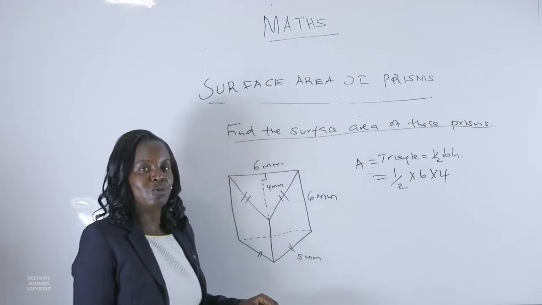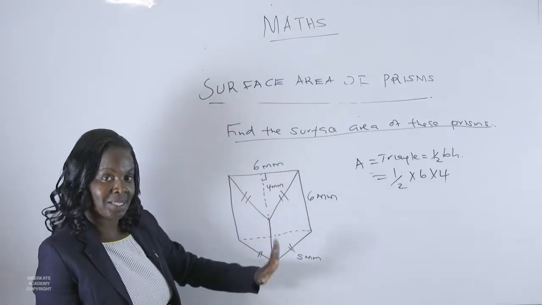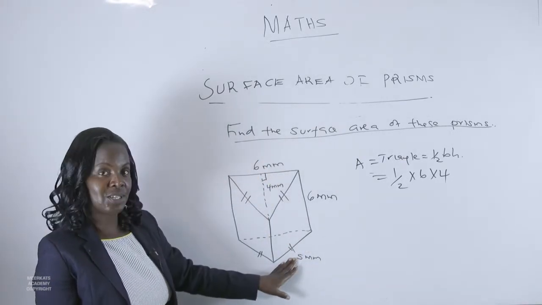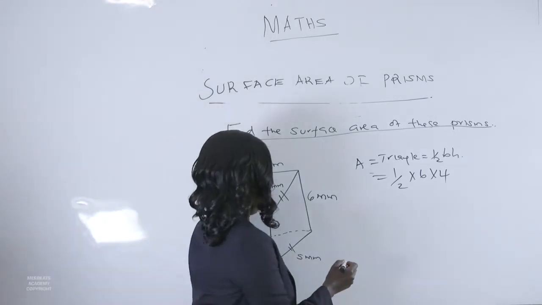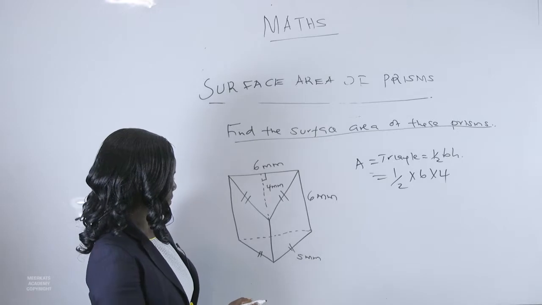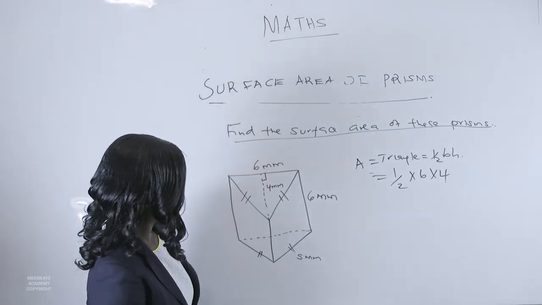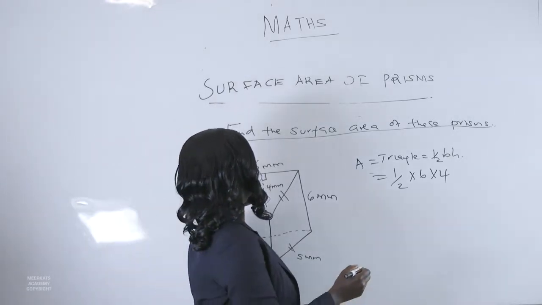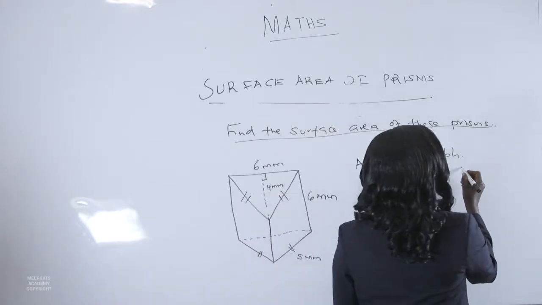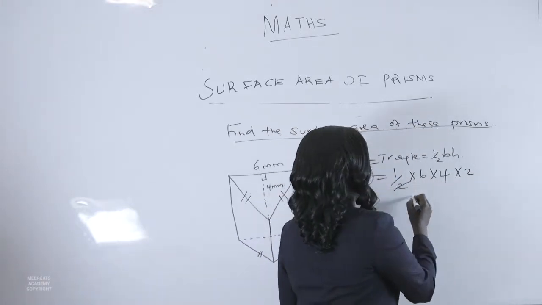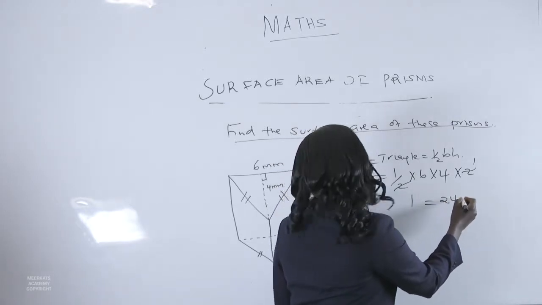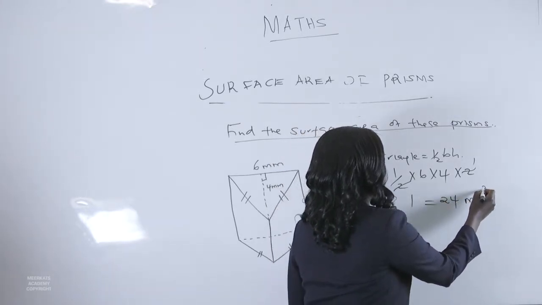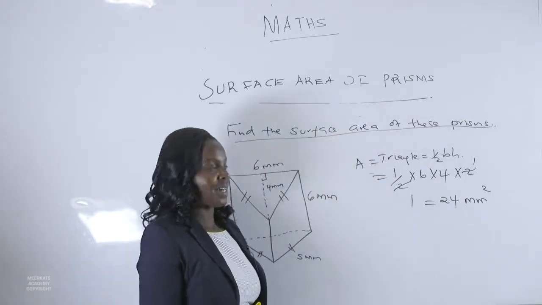And because there are two, remember, most cases in the prism, it has two identical ends, we multiply by 2. 2 cancels with 2. We have 24 square millimeters, the area of the triangles.